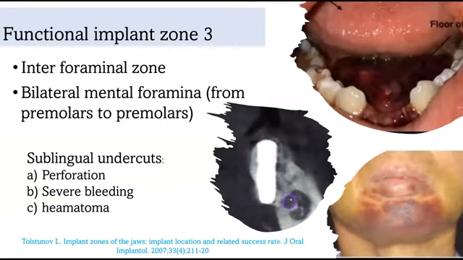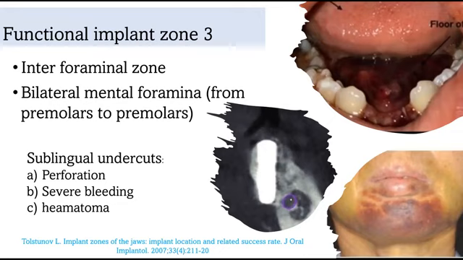The functional implant zone 3 is the interforaminal zone, comprised of the area of the mandibular alveolar complex between the mental foramina, between the right and the left premolar regions. This usually is associated with a thin alveolar ridge, and the area of concern in this zone is the sublingual undercuts.